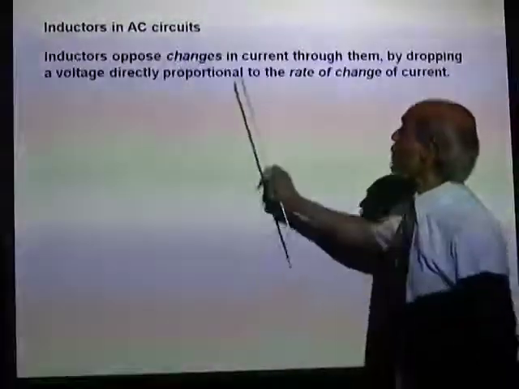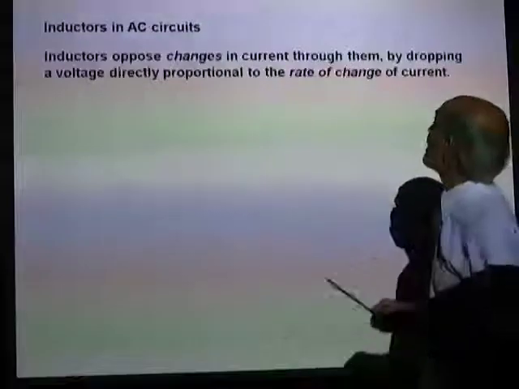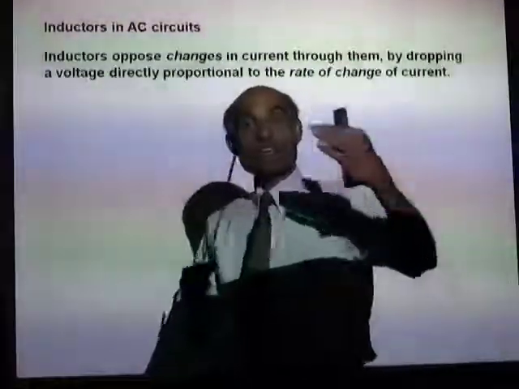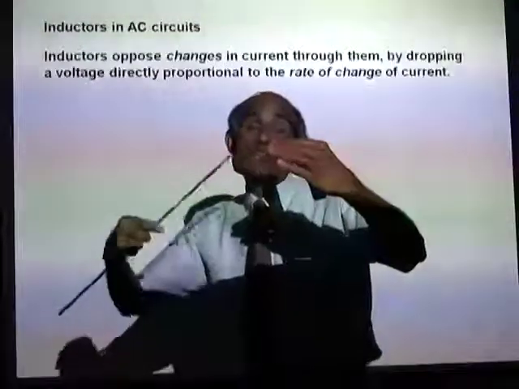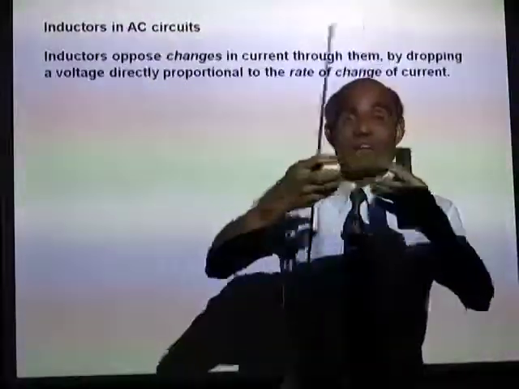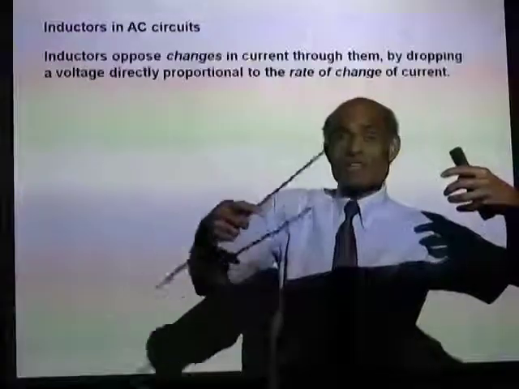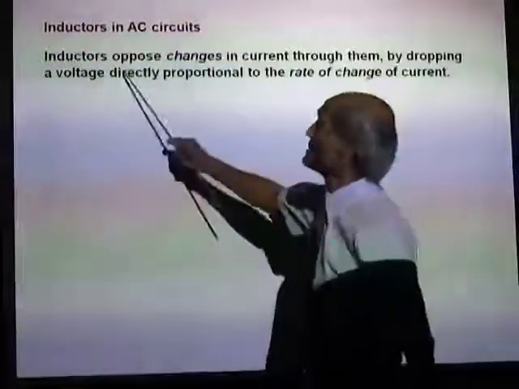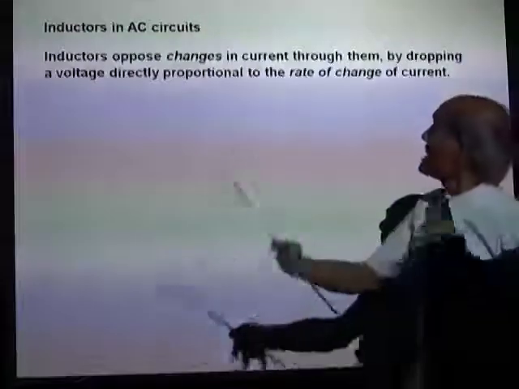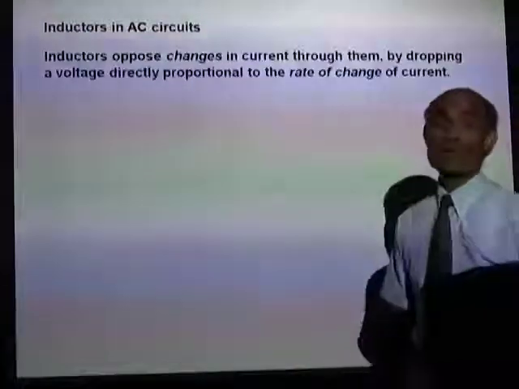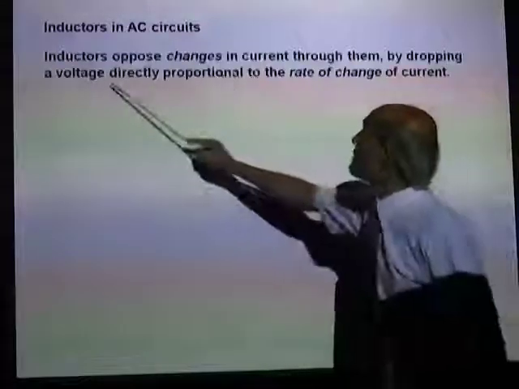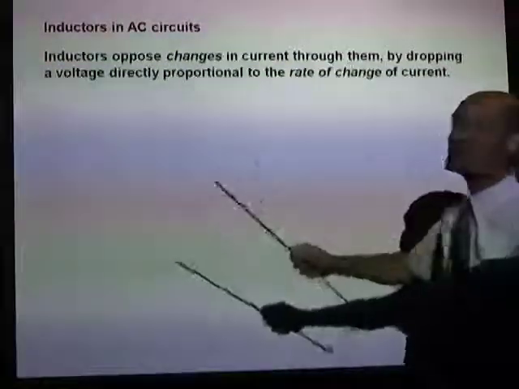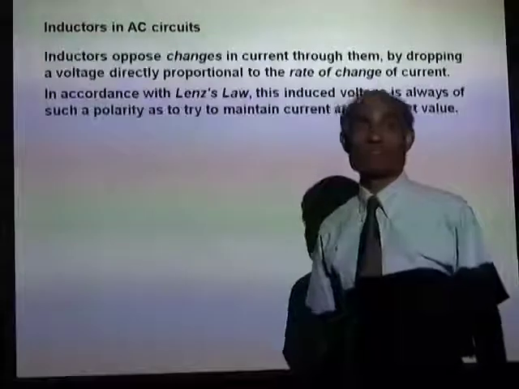So inductors oppose changes in current through them. Is that right? If current is increasing, the induced EMF will oppose that. If the current is decreasing, the self-induced EMF will oppose that. So inductors oppose changes in current through them by dropping a voltage directly proportional to the rate of change of current.